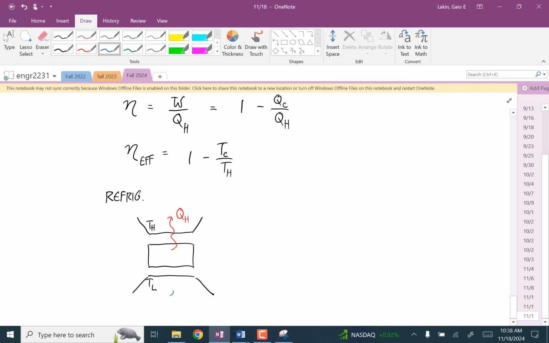We have heat entering the system from the cold reservoir. And in order to make this unnatural thing happen, we have to do work on the system, which in a refrigerator is the compressor. And so work is done. And now using this sign convention, the first law comes out exactly the same as it did because everything's reversed. And so again, we get that QH is equal to W plus QC.